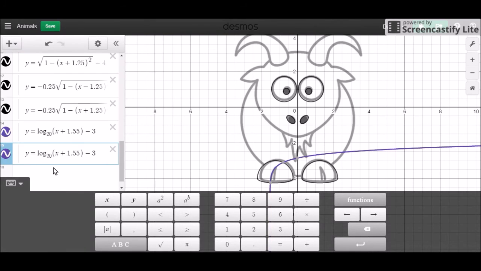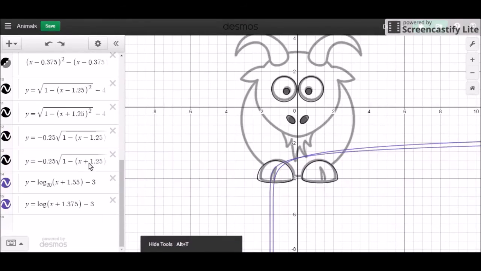Now what I can do is move this over by a little bit. I'm going to change this to a different base. I don't know what I was doing.